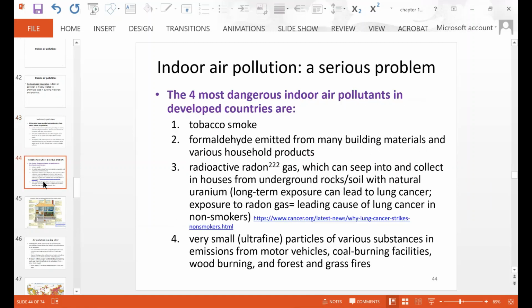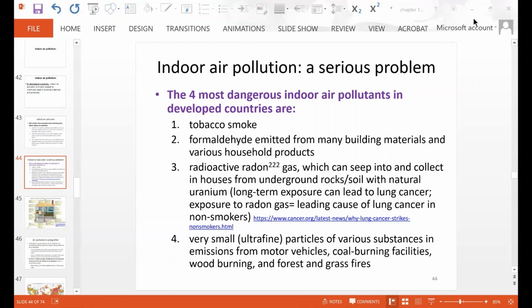So indoor air pollution can be a serious problem. The foremost dangerous indoor air pollutants in developed countries include the following. So that is tobacco smoke, formaldehyde emitted from many building materials and various household products, radioactive radon gas, which can seep into and collect in houses from underground rocks and soil that have uranium, which is a natural material, and long-term exposure to radon gas can lead to lung cancer.